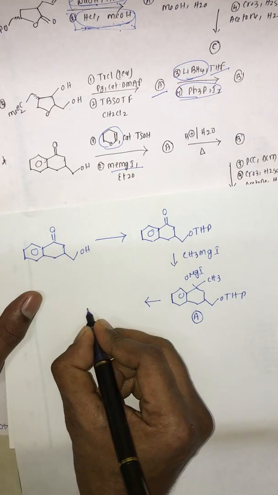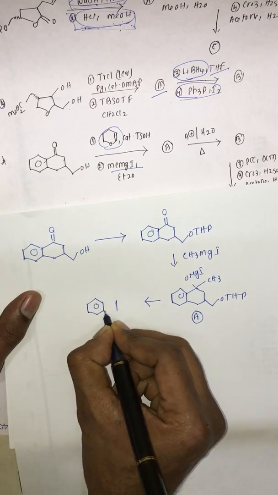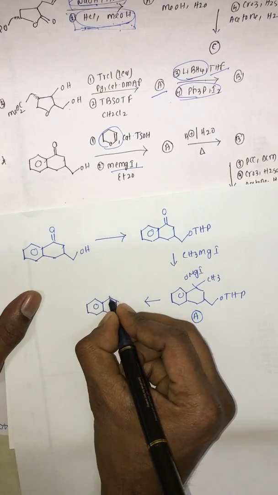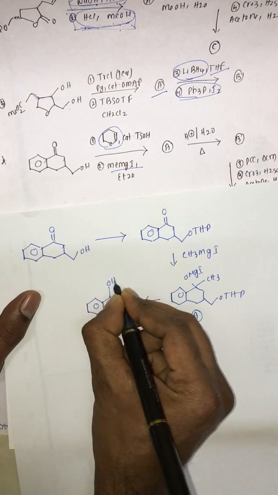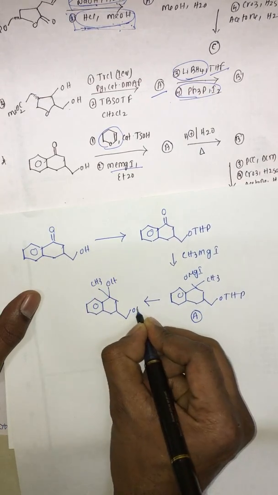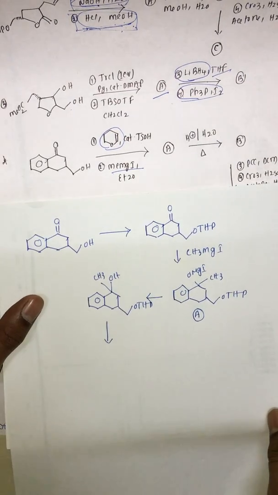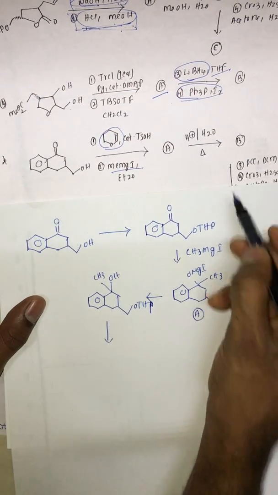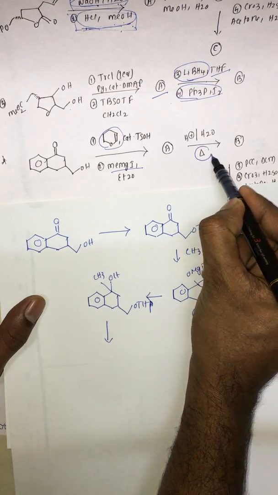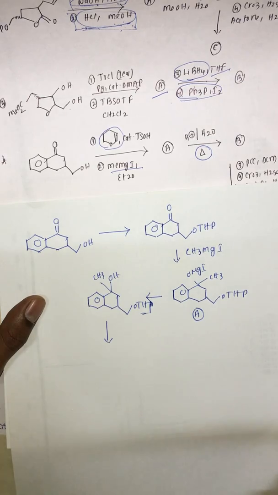Okay, next it gets converted in the presence of an acid catalyst, and then this will be OH, methyl group, OTHP. So here now we have heating also. So whenever we are heating, this is an acid sensitive protecting group.